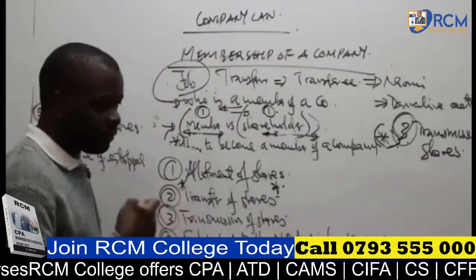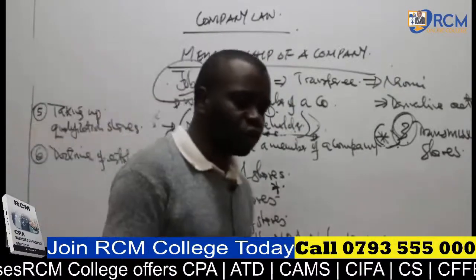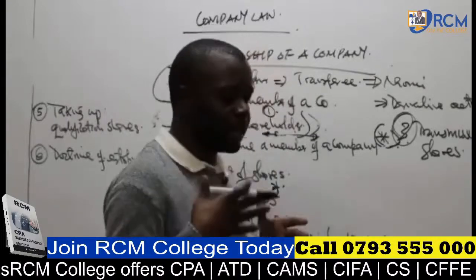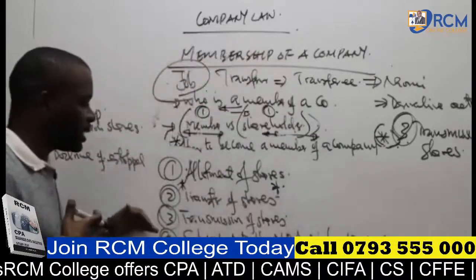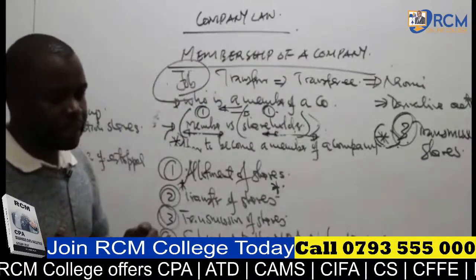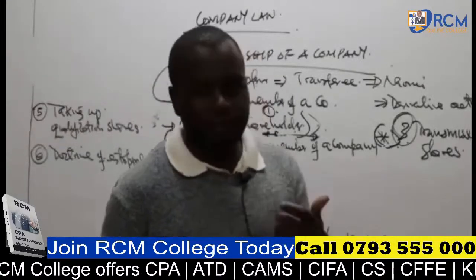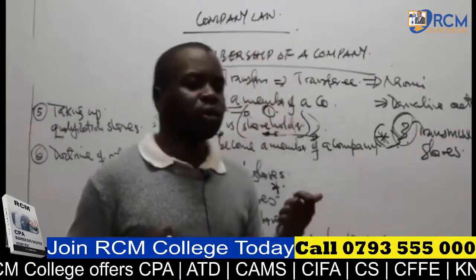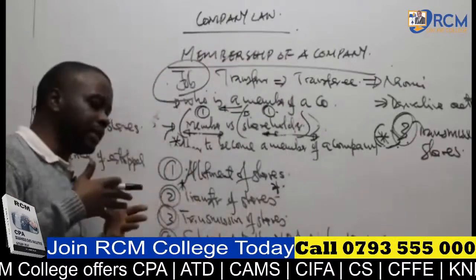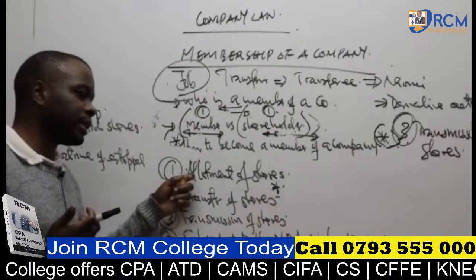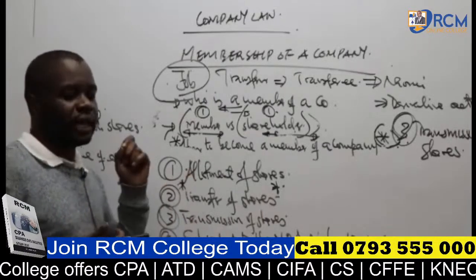By that fact, you cannot deny before the court that you are not a member of the company. For example, if you participated in the meetings of the company, or you even took dividends, you cannot deny that during that period, before they realized that your name was appearing by mistake in the register of members, you were not a member of the company.